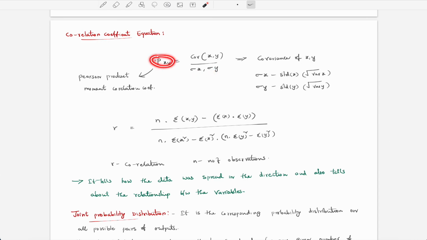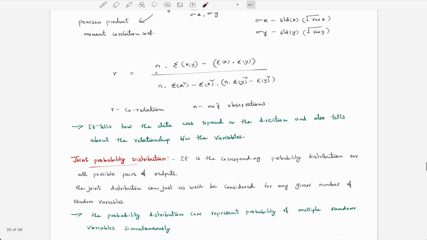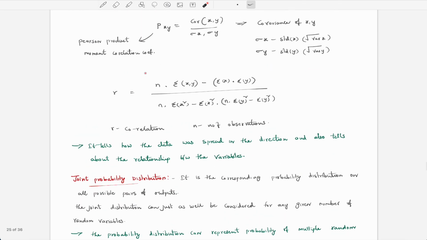Here rho xy is the Pearson product-moment correlation coefficient, and sigma x is the standard deviation, which is also the square root of the variance of x, and sigma y is the standard deviation of y, also the square root of the variance of y, right?